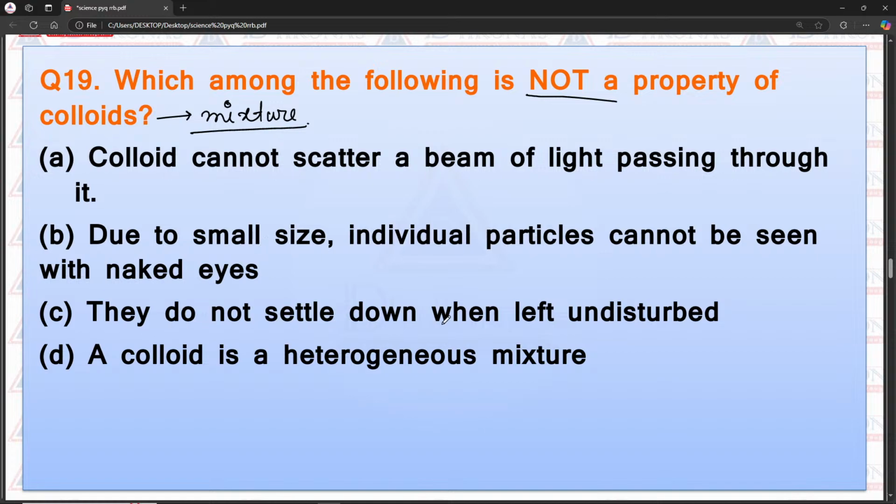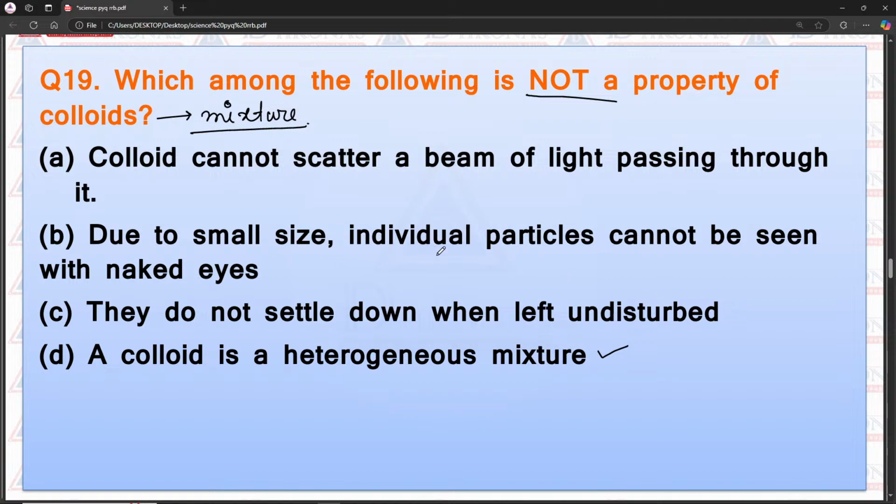They do not settle down when left undisturbed. A colloid is a heterogeneous mixture. So colloid is definitely a heterogeneous mixture. Unlike suspension, suspension में क्या होता है कि अगर आप कुछ देर के लिए undisturbed छोड़ दोगे तो उसका particle will settle down. So colloid में ऐसा नहीं होता, settle down नहीं करता.